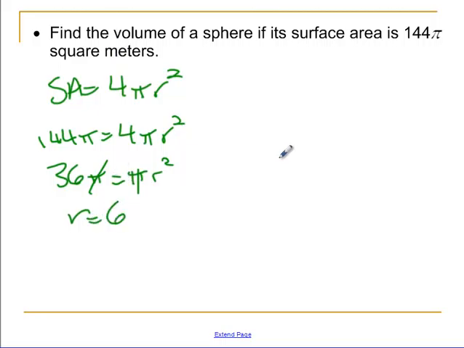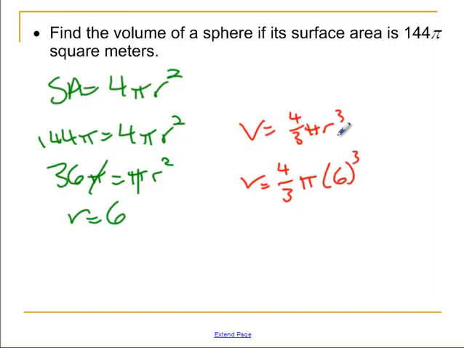R is 6. Now that I know r is 6, let's plug it into the volume equation. This is how I'm more used to writing it, as a 4/3 out in front. Either one's fine. 4/3 pi r to the third power, and 6 to the third power times 4 divided by 3. So the volume is 288 pi.